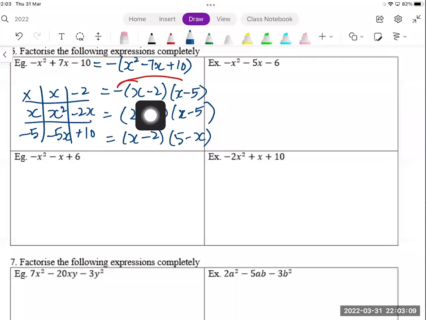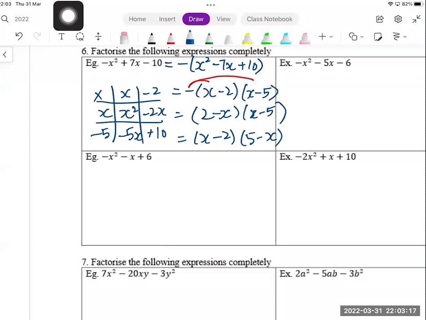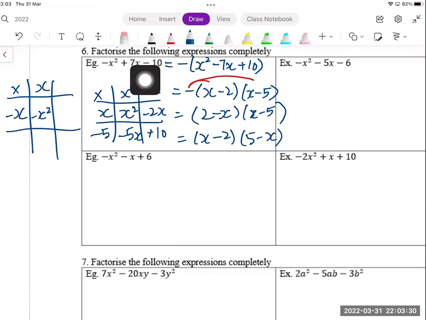Yes. Okay, so if you're wondering, hey, Mr. Wong, can I do it without factorizing out the negative sign? The answer is yes. It will look similar, just like this. Negative x squared, I just put as x here, and negative x here. I want to get plus 7x, I have negative 10 over here. So first, how do I get plus 7x?